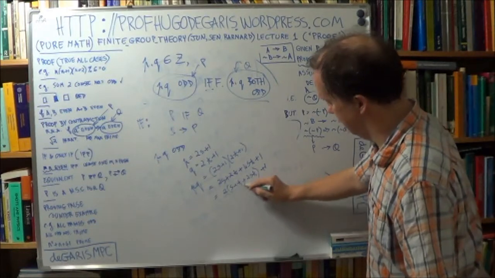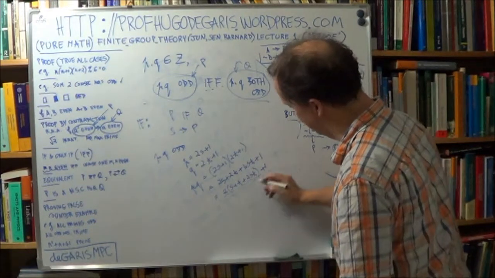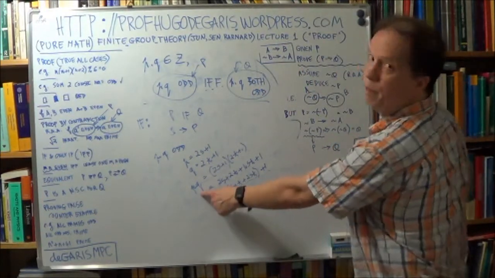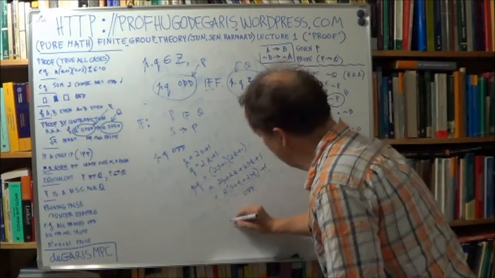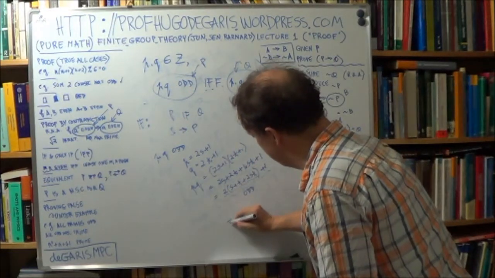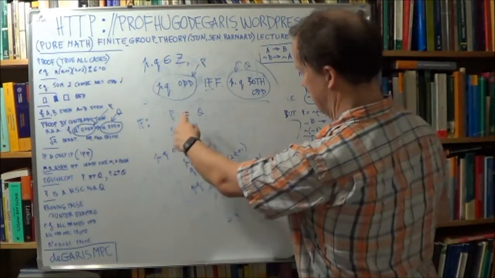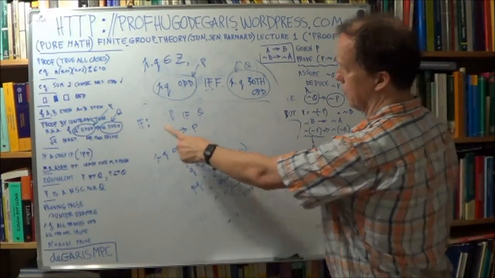Now this is even, plus 1, so the whole thing is odd. So therefore PQ is odd, and that's statement P. So we started with Q and we deduced P. So the if part is done.